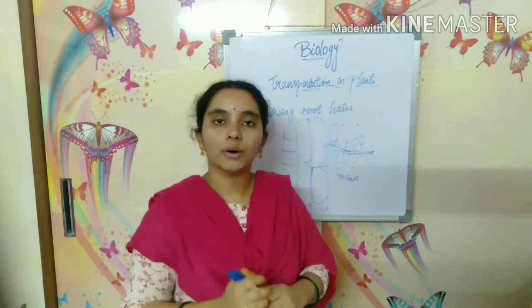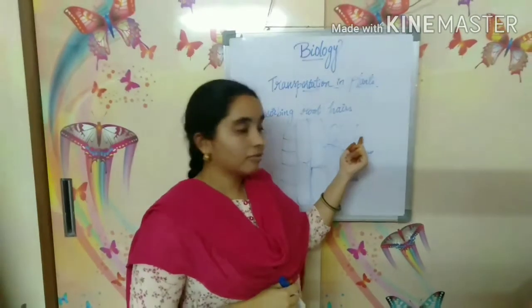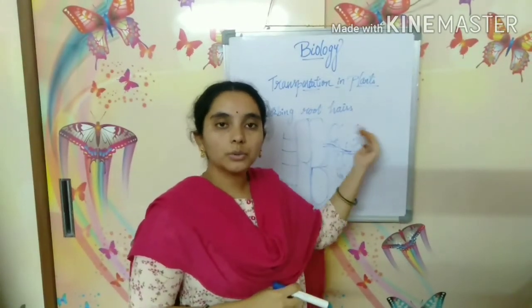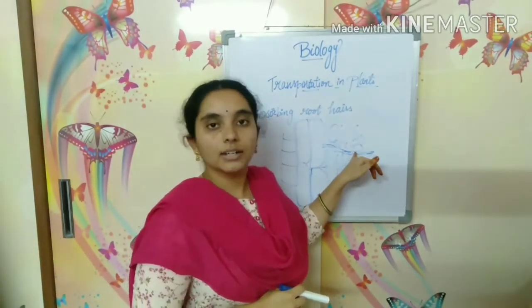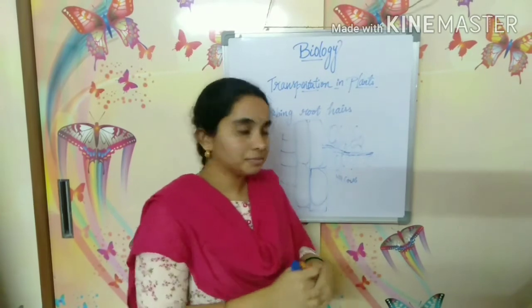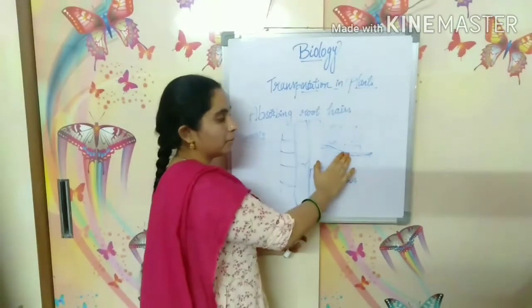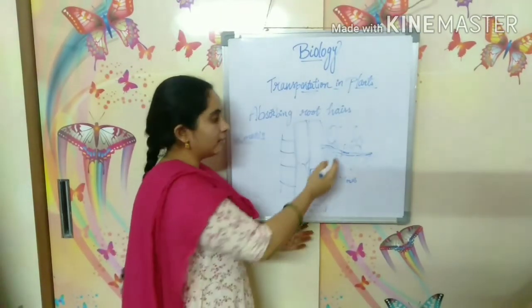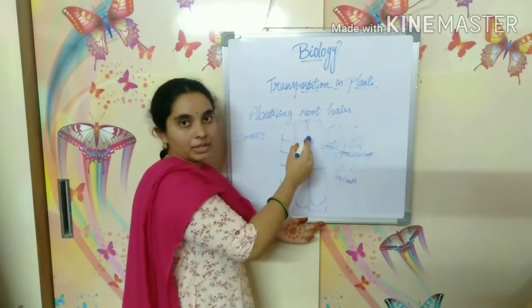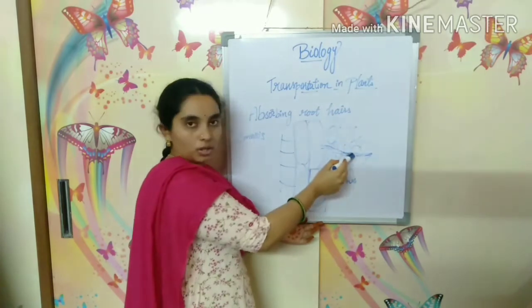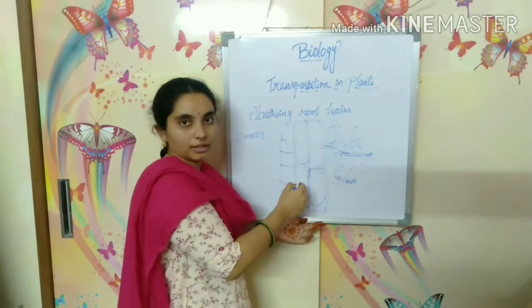So that is how the water is moving from soil to the root hairs. When root hairs take water inside, this area will become less concentrated when compared to this area. Here water will be more when compared to this area.